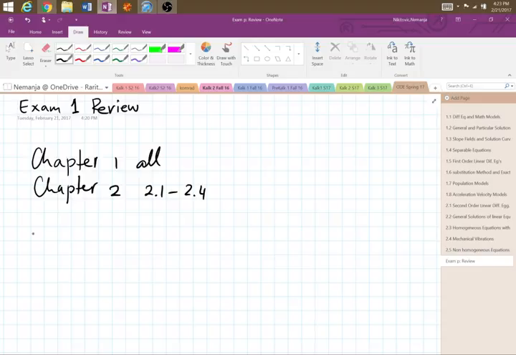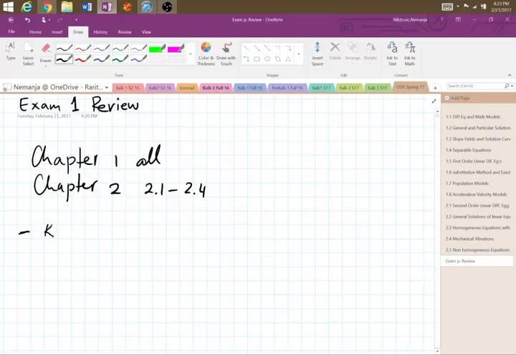So what are the important highlights? Know how to classify ODEs. Now what does that mean? You need to be able to say this is the first order, this is the second order, this is the seventh order differential equation. You also need to know what's linear, what's nonlinear. You also need to know what's homogeneous and non-homogeneous, right?